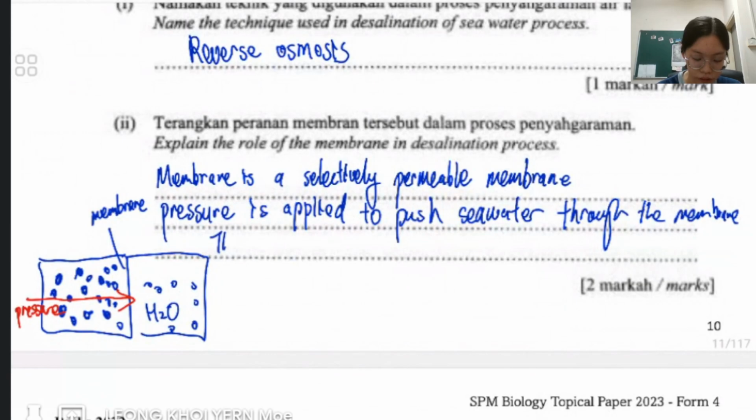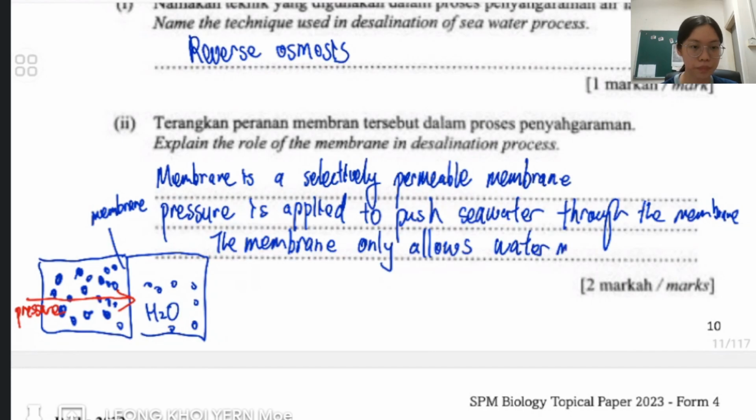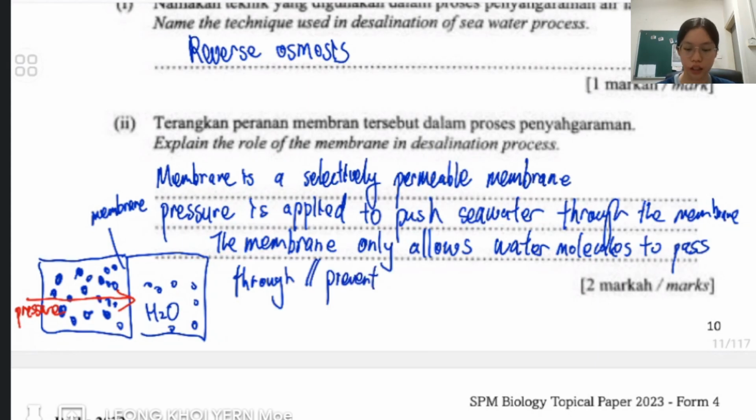So the membrane will only allow the water molecules to pass through, which means that it will prevent other foreign particles, salt, and microorganisms from passing through it.